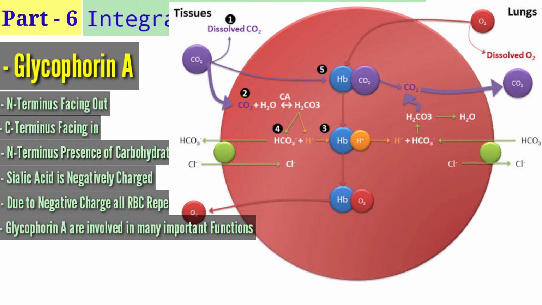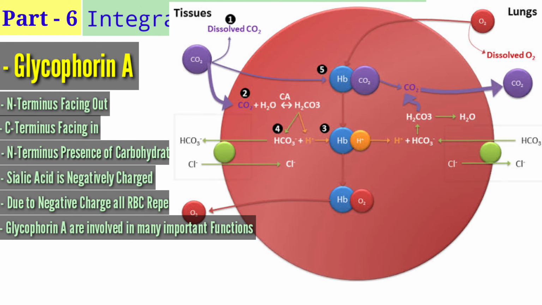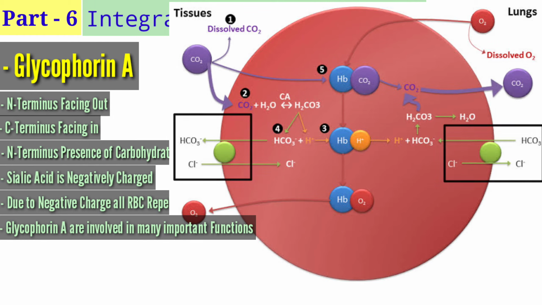The bicarbonate enters the erythrocyte in exchange for the chloride ion, meaning the chloride ion exits and bicarbonate enters the erythrocyte. So these glycophorins are functioning here. But when the erythrocyte reaches the lung, the bicarbonate leaves the erythrocyte in exchange for the chloride ion again.